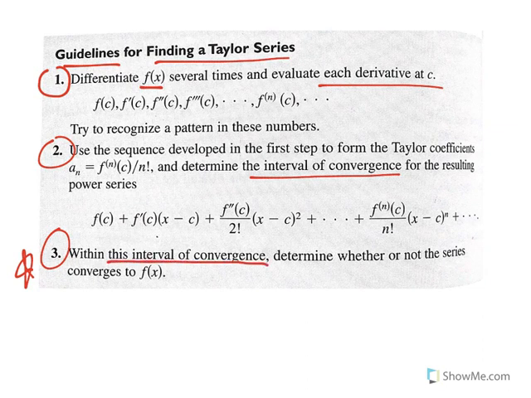Within the interval of convergence, determine whether or not the series formed from the function will in fact converge to the function from which it was formed. Will it be an exact representation of the function on its interval of convergence? And as you may recall from the early part of the lesson, we looked at figure 9.23 and compared that to the function f of x, and basically that was to help you understand why this is necessary.